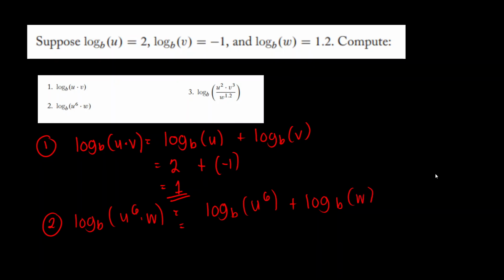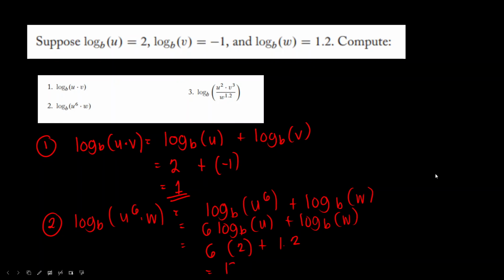So, eto, 'di ba, pwede nating ibaba, 6 log_b u plus log_b w. Ayan. So, this is 6 times log_b u, which is 2. Okay. Plus log_b w is 1.2. So, technically, this is 13.2. This is our final answer. Lastly, number 3.